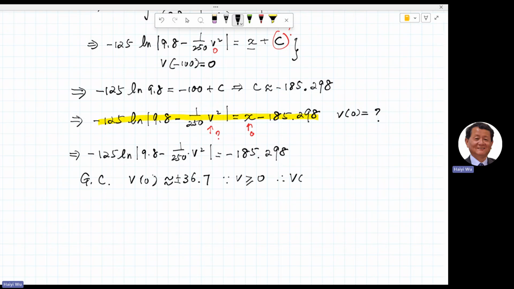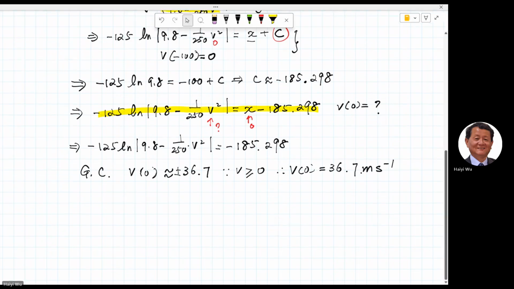Therefore, we choose the positive answer. So when it hits the ground, the answer has to be approximately 36.7 meters per second. So that's my answer.